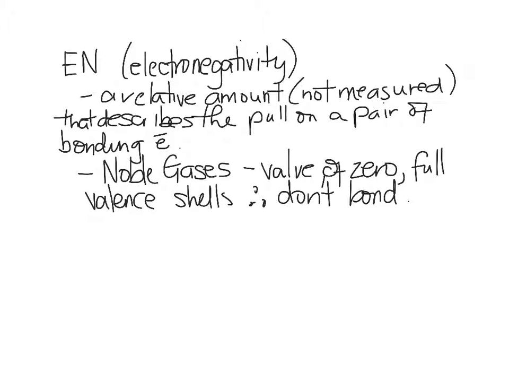Okay, if you were going to make a comparison between metals and non-metals, who's got the larger values? Non-metals do. What do non-metals want to do? They want to take electrons. So, non-metals values are higher.